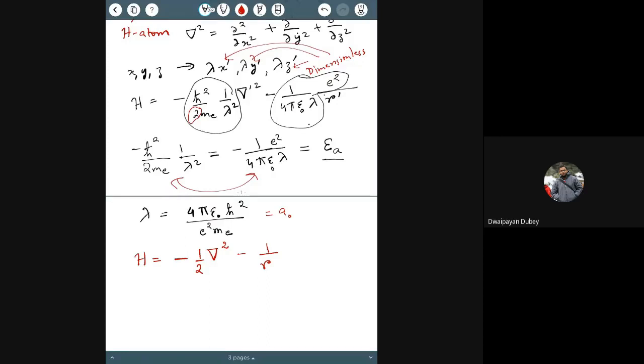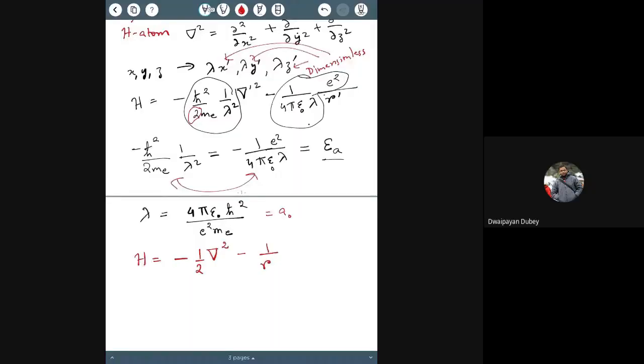So when you set the Coulomb force equal to the centripetal force and use the quantization of angular momentum, you end up with this expression for the Bohr radius.